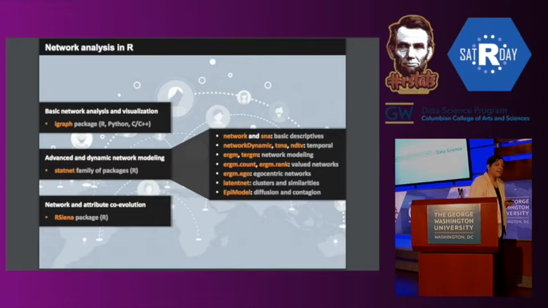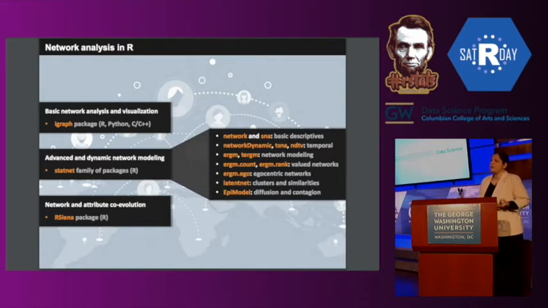The second set of packages, used by a smaller number of people and more on the statistics side, is the StatNet family of packages, right? StatNet is a whole group of packages that do a bunch of different stuff with networks, starting from the basics, basic analysis and visualization, but also moving on to modeling, like trying to guess how networks are produced, right? What are the mechanisms behind the generation of a network?